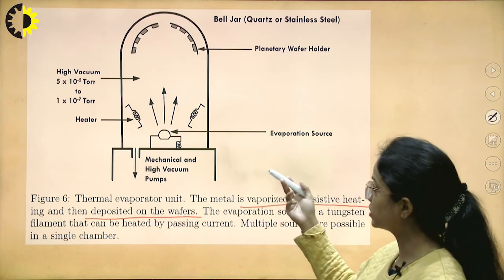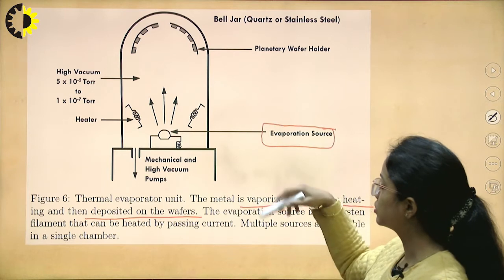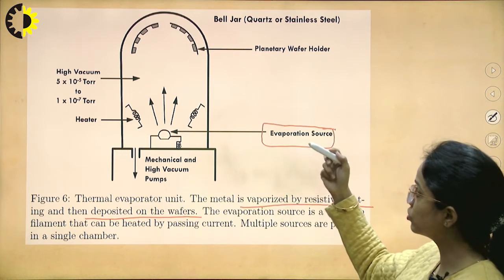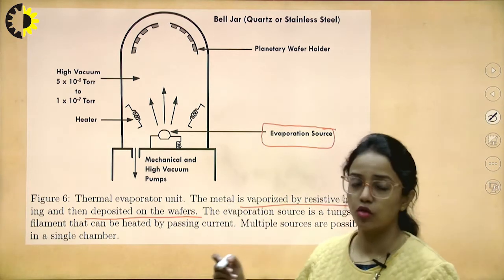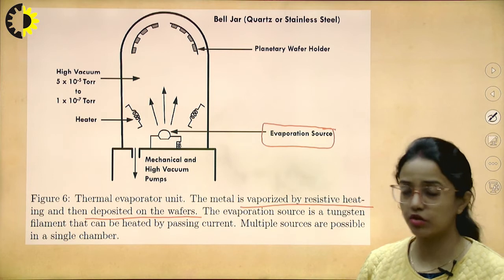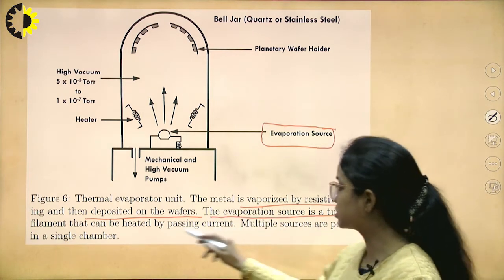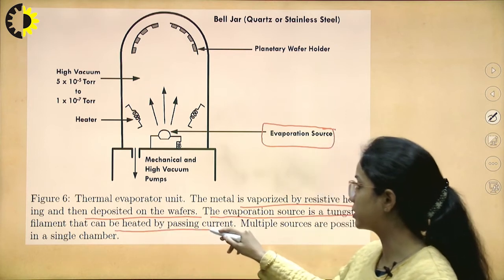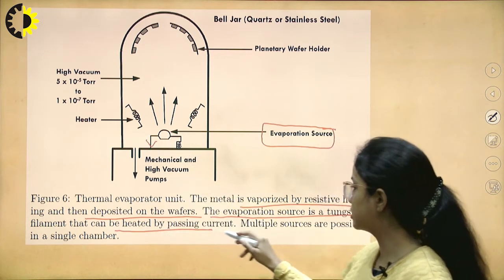So what is actually happening is, here is the evaporation source. This evaporation source is responsible for the initiation or formation of vapors. The evaporation source is a tungsten filament that can be heated by passing current. So we are making a circuit and passing a current.